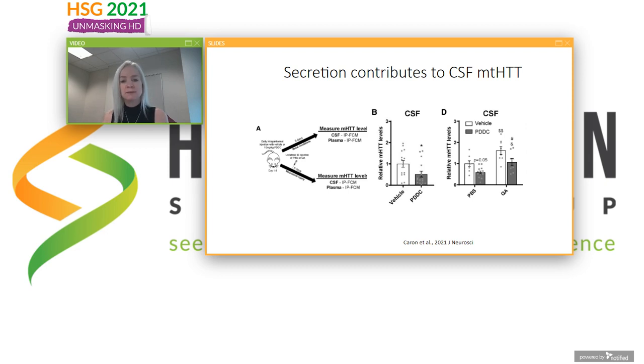And conversely, even in the presence of a secretion inhibitor, an acute neurotoxin increases CSF mutant huntingtin. So these things are independently occurring, which suggests that there is both a neurodegenerative component and an active clearance secretion component to the mutant huntingtin in the CSF.